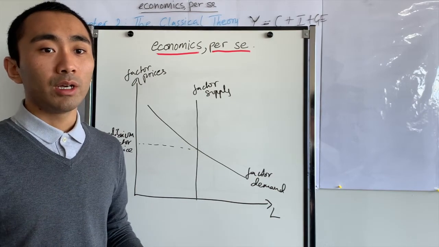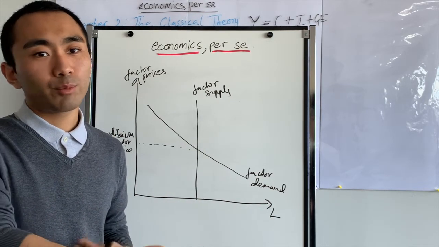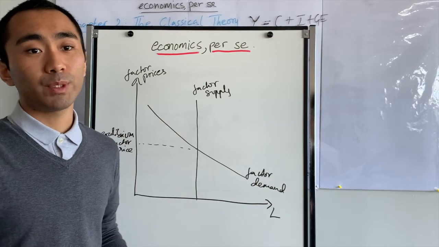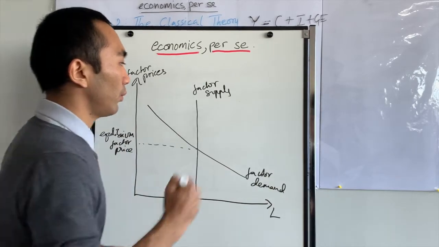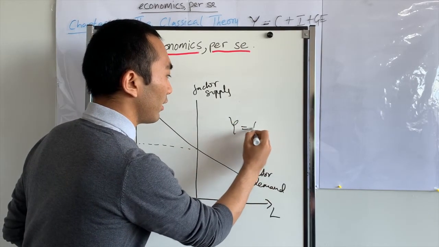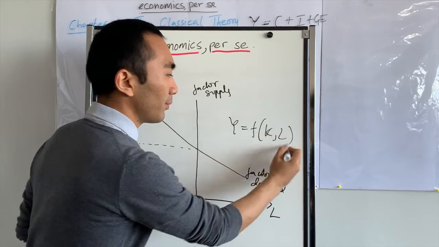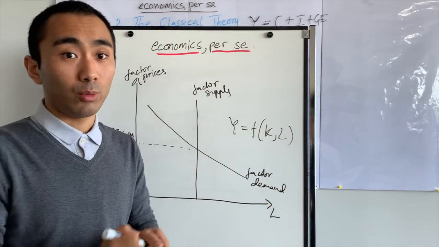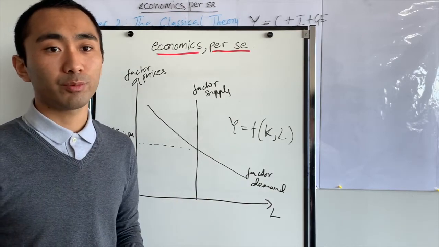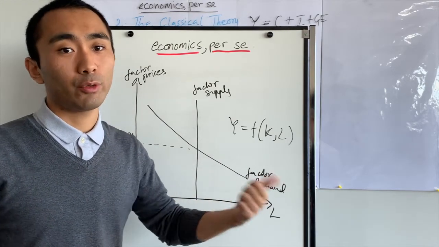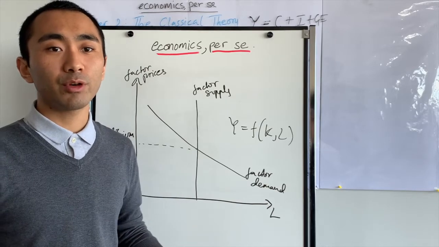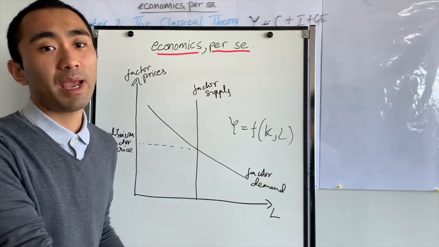We assume we use the same production function for the firm as we did for the aggregate economy, which was Y as a function of K and L, where now Y is the number of units produced and K is the number of equipments used and L is the number of hours worked by the workers the firm has.